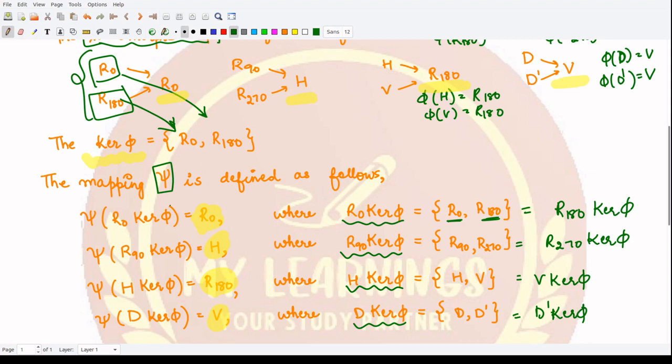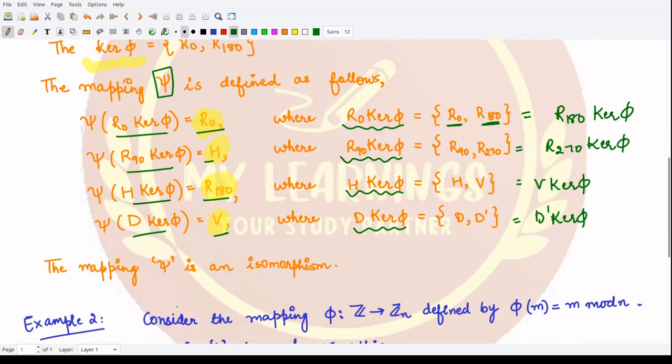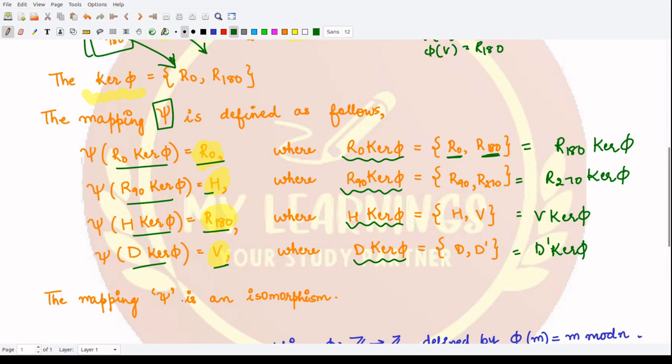So we can now define the mapping psi in this manner: it takes R0 kernel phi to R0, R90 kernel phi to H, H kernel phi to R180 and D kernel phi to V. Now we say this mapping is an isomorphism by the fundamental theorem of group homomorphism.